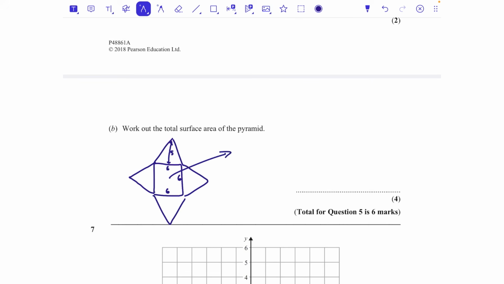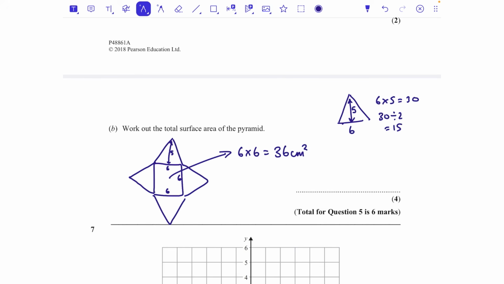So the square is 6 times 6, which is 36 centimetres squared. And then each of the triangles is base times height divided by 2 for the area of a triangle. So 6 times 5 divided by 2. So 6 times 5 is 30, and 30 divided by 2 is 15.